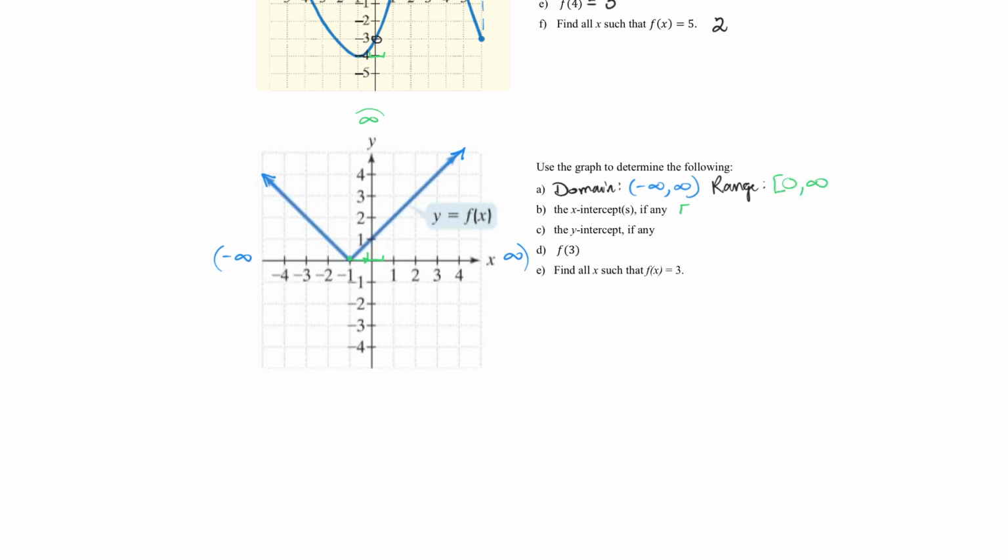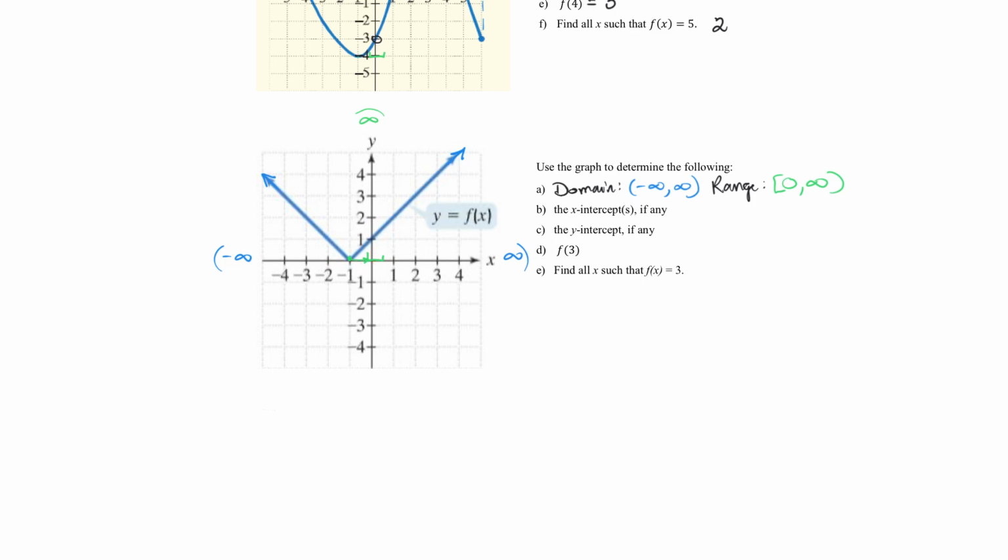So the range is going to be from 0 to positive infinity. A lot of times people have trouble with the range because your eye is drawn to this point on the x-axis, and you want to say -1. But think about, what's the y value at that point? The y value is 0.